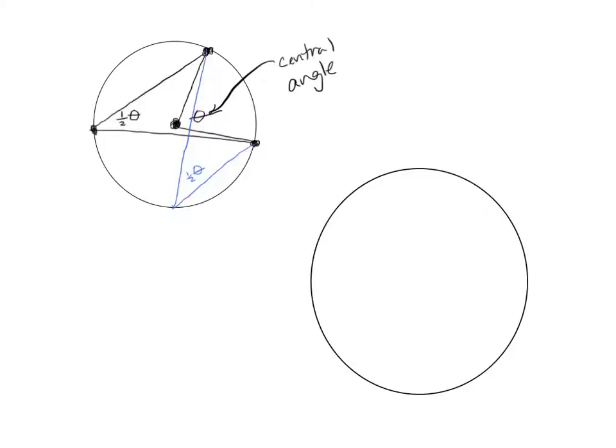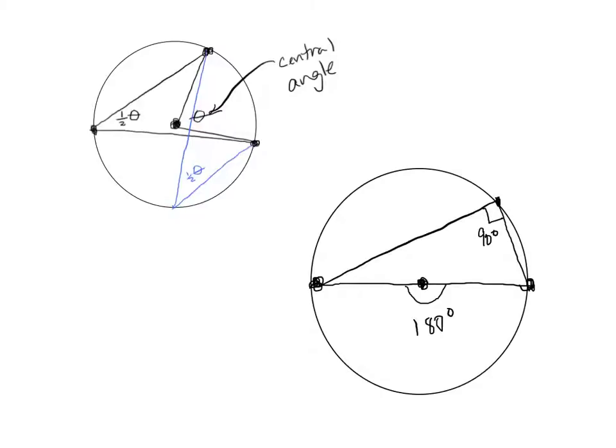If we envision a diameter of the circle as being one of these central angles that just so happens to be 180 degrees, then any triangle that we form using the endpoints of the diameter and another point on the circle will be a right triangle.